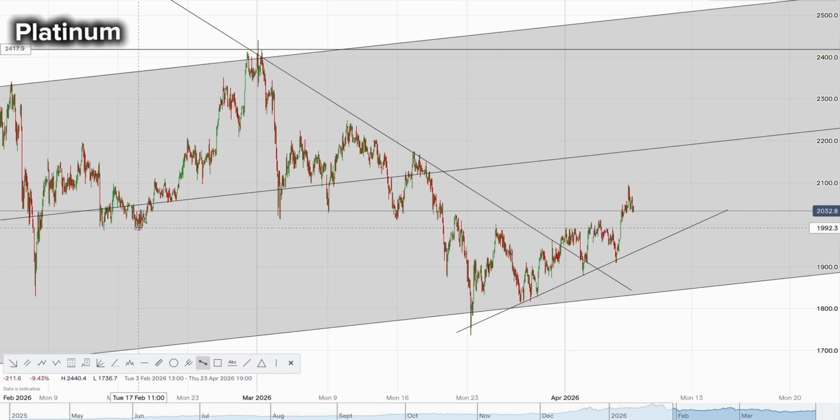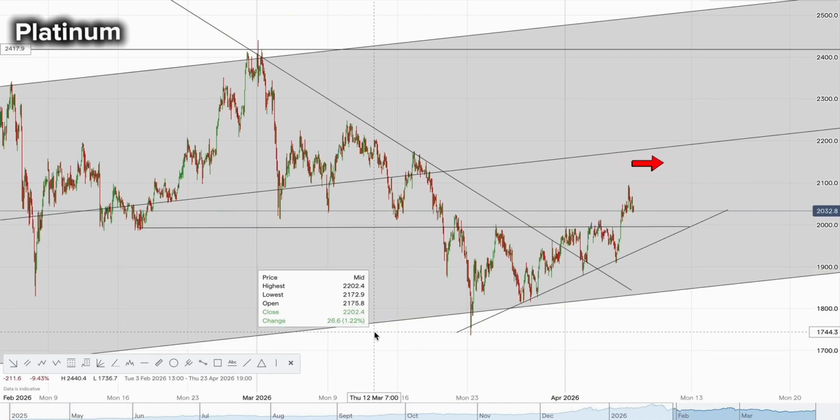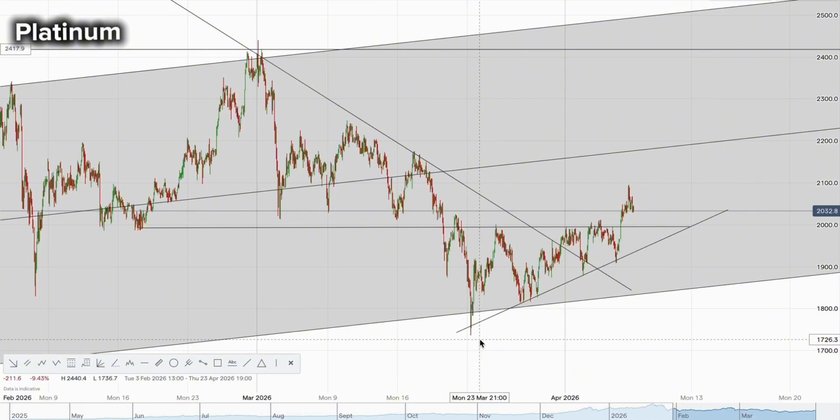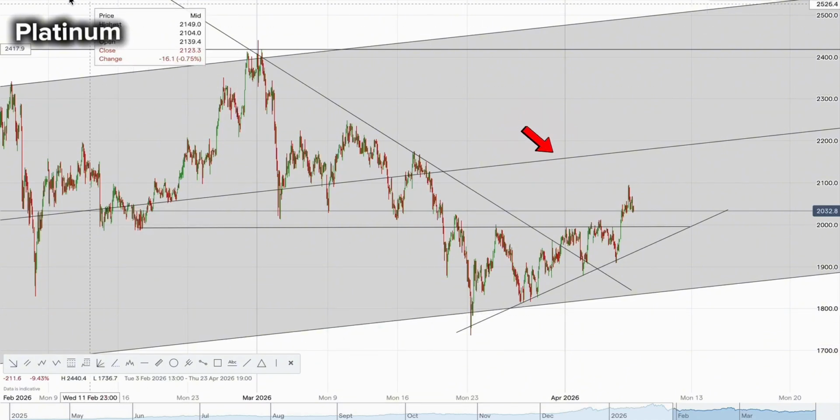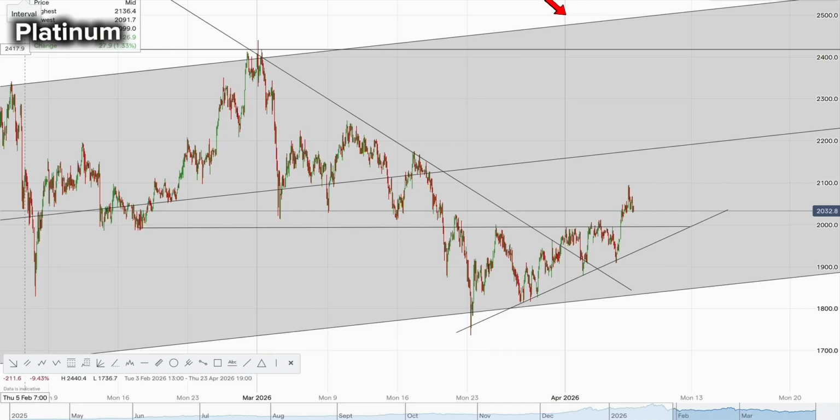Okay, so that gives me an idea that we've got support around the 2,000, and the mid-range is about 2,200, and the top is about 2,550. So I believe the chart is still intact.